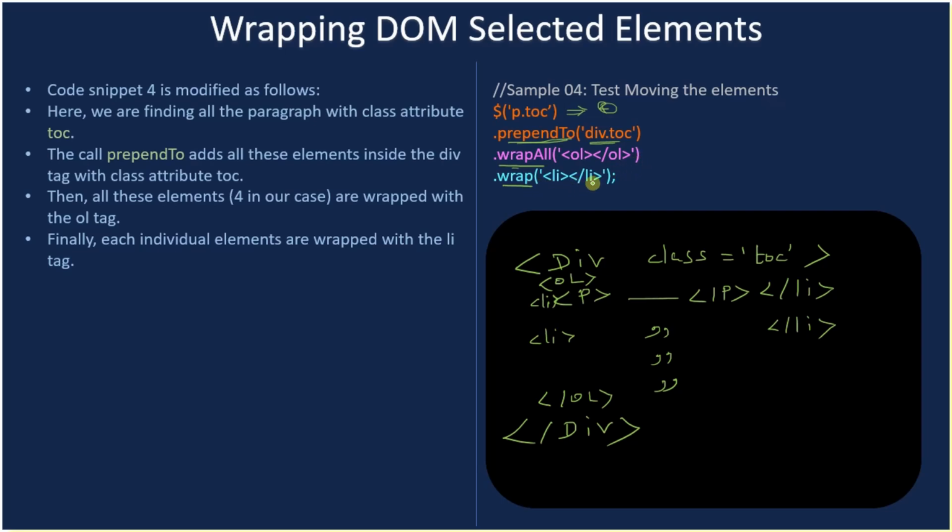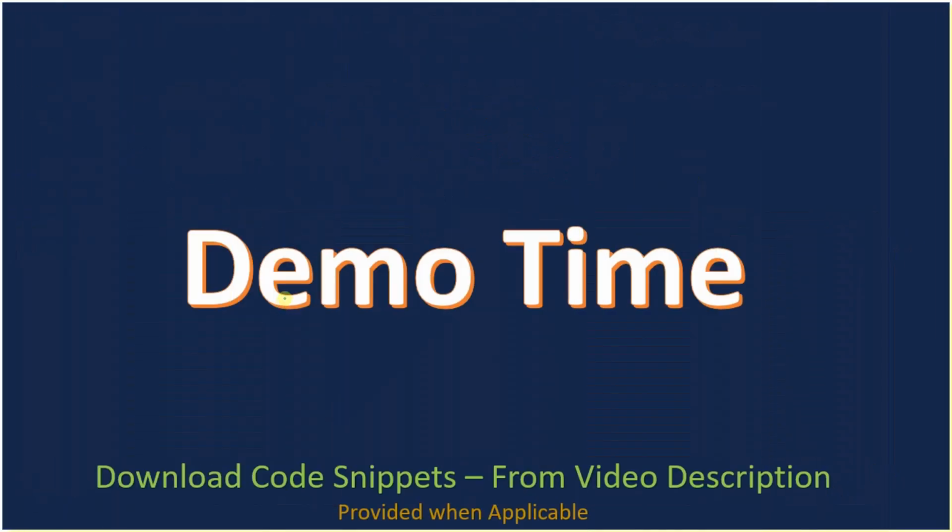Then each paragraph we want to put in a list item, right? So this will give us the ordered list. You can also use ul for an unordered, bulleted list, but here we are using the ordered list to have the nice numbered list. Now the table of contents is shown as an ordered list.